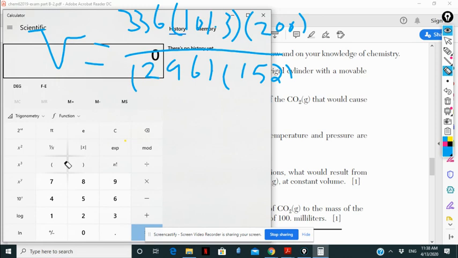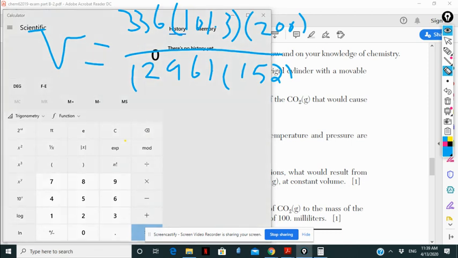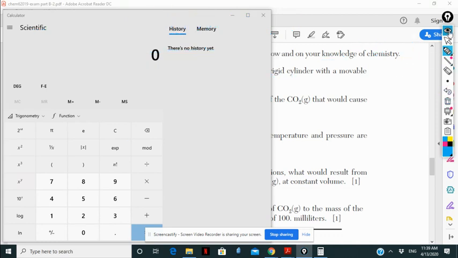So 336 times 101.3 times 200, divided by 296, divided by 152, is going to give me the new volume, which is 151.3 milliliters. So I used the combined gas law.